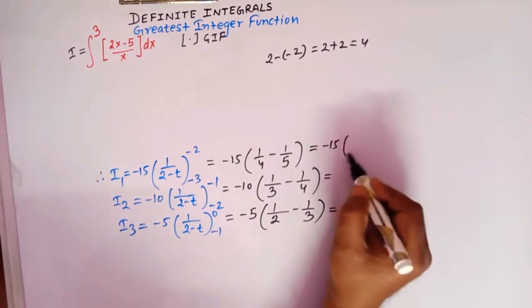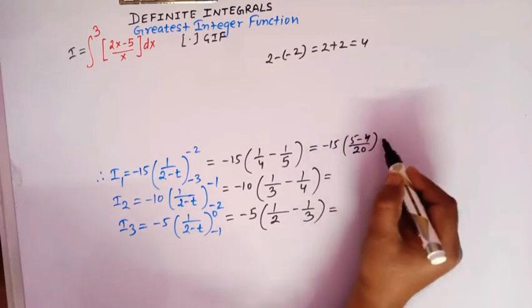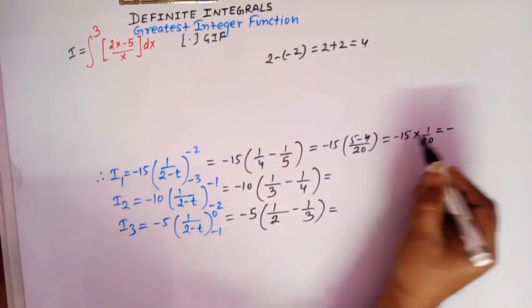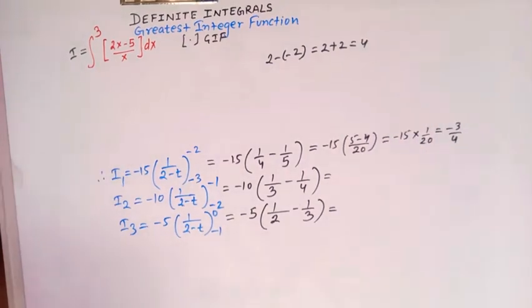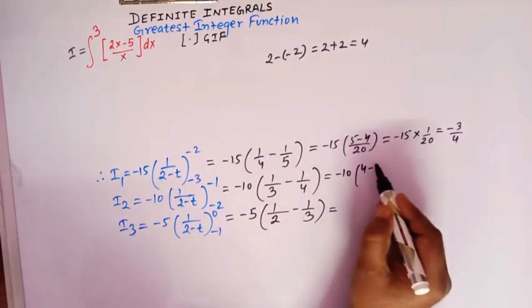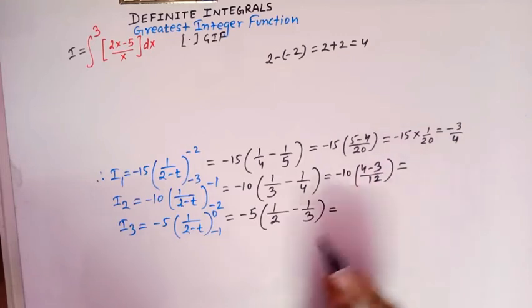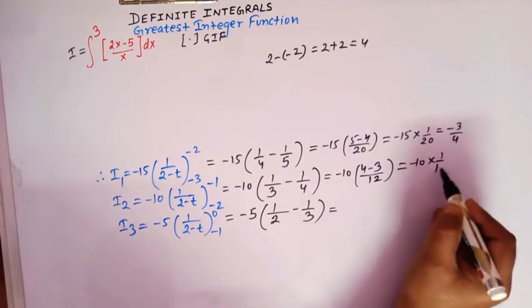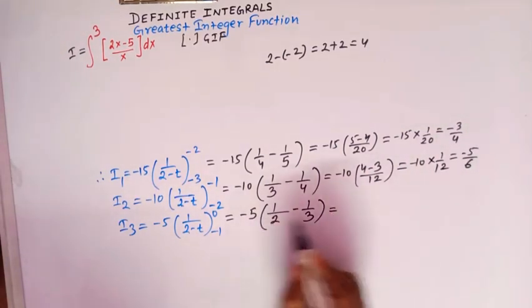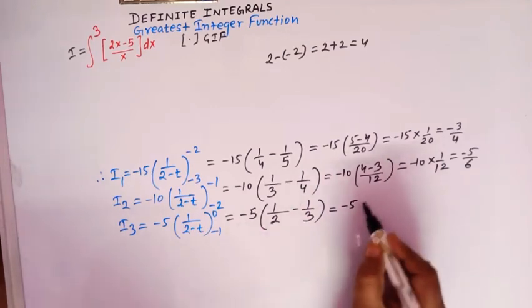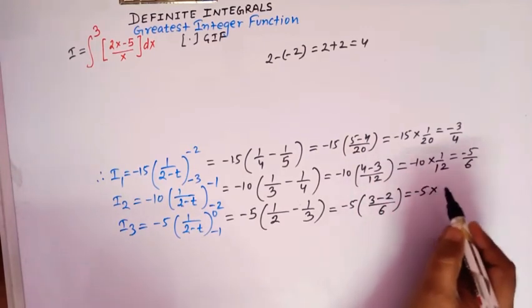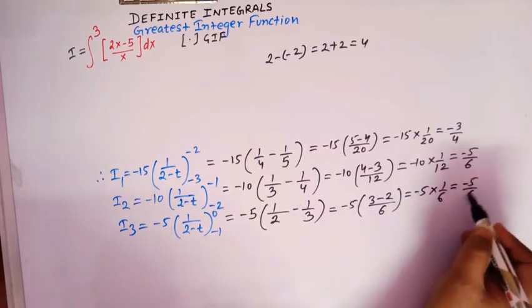We have minus 15 times (5 minus 4) over 20, so minus 15 times 1 over 20, that is minus 3 over 4, as 5 3s are 15 and 5 4s are 20. In I2 we have minus 10 times (4 minus 3) over 12, so minus 10 times 1 over 12, that is minus 5 over 6, as 2 5s are 10 and 2 6s are 12. In I3 we have minus 5 times (3 minus 2) over 6, so minus 5 times 1 over 6, that is minus 5 over 6.